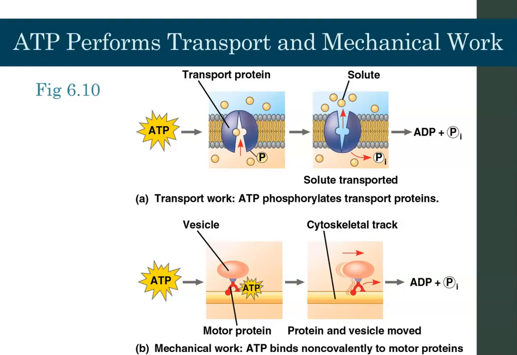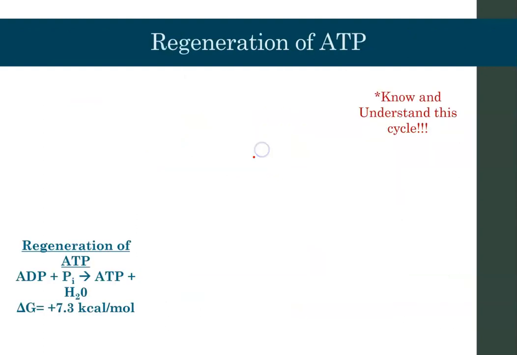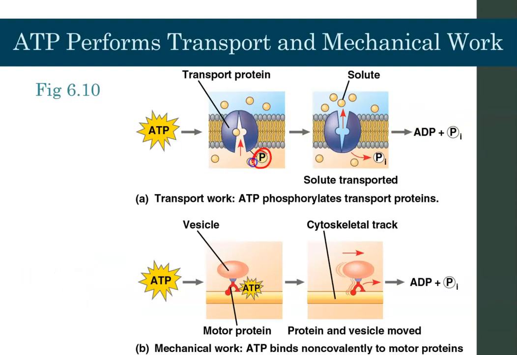But the way that energy is put into the system is by ATP transferring a phosphate to that transport protein, making it unstable so that it causes a shape change and moves a molecule across. So a molecule comes in, ATP donates a phosphate, it becomes unstable, changes shape, and releases that molecule, therefore accumulating those solutes on one side.